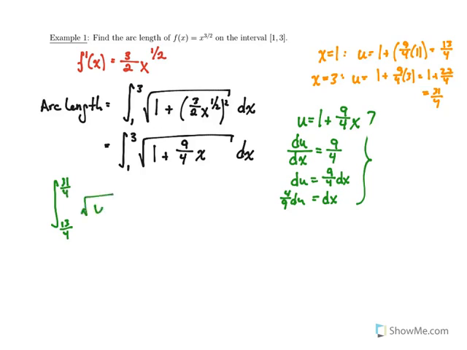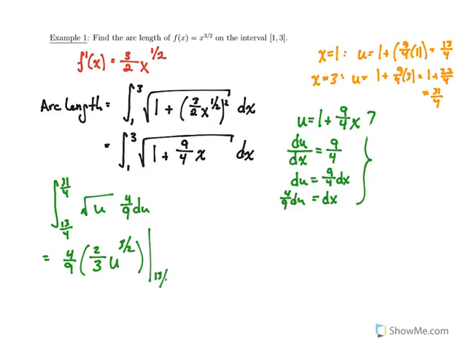square root of u times 4/9 du, which is going to give us a 4/9. Antiderivative of square root of u is going to be 2/3 u to the 3/2.